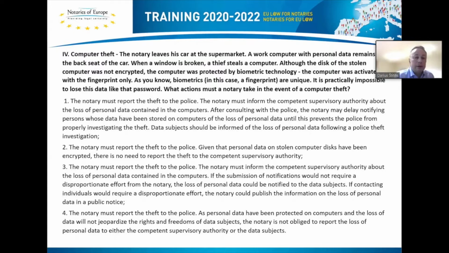Also, the disk of the stolen computer was not encrypted, but the computer was protected by biometrical technology. It means that the computer could be activated only with the fingerprint of the notary, for example. As you know, biometrics in the case of fingerprint are unique, and it's practically impossible to lose this data like a password. And the question is, what actions must a notary take in the event of that computer theft?